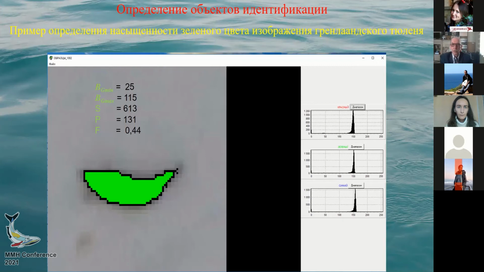In the same case, we can make the calculations for the area of this image in pixels. It's 613 pixels in this particular case. We can calculate the perimeter, 131 pixels, and the form factor, which is 0.44. I'm going to explain this a little bit later.